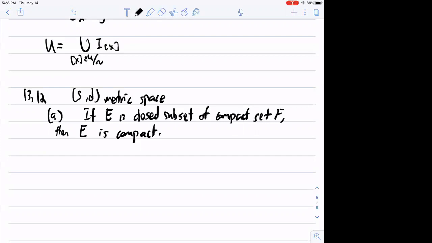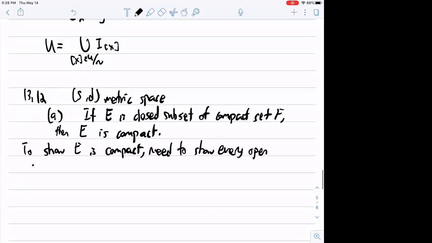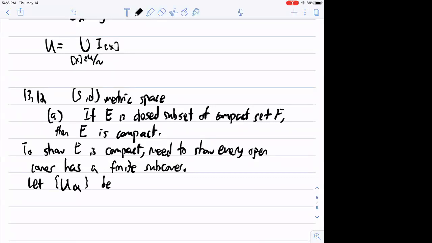So to show E is compact, I need to show every open cover has a finite subcover. So let the set of U_alpha be an open cover of E.